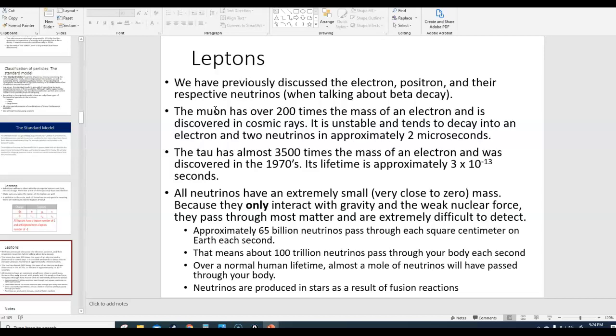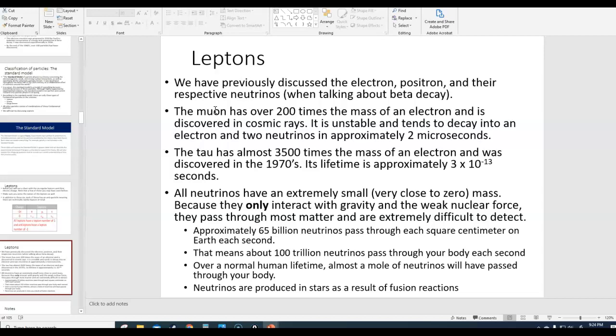Neutrinos tend to be generated through fusion reactions in the sun, and a lot of them go through the Earth and through your body, and you never even notice. Every second that passes as I'm talking, hundreds of trillions of neutrinos are going through your body without you noticing.